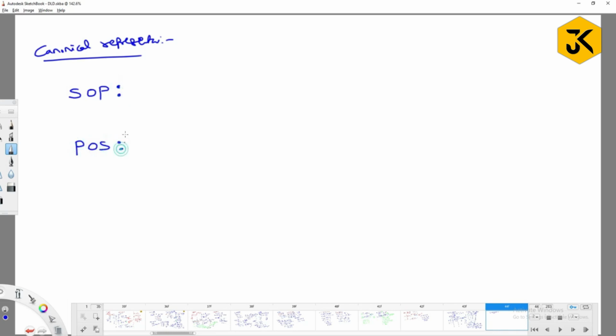So the name itself is clear. Sum of products, meaning that whatever results you are trying to get, all those results you are going to produce as a sum. See, if you take a simple example, a bar b bar c plus a bar b c bar. What is the meaning of this?